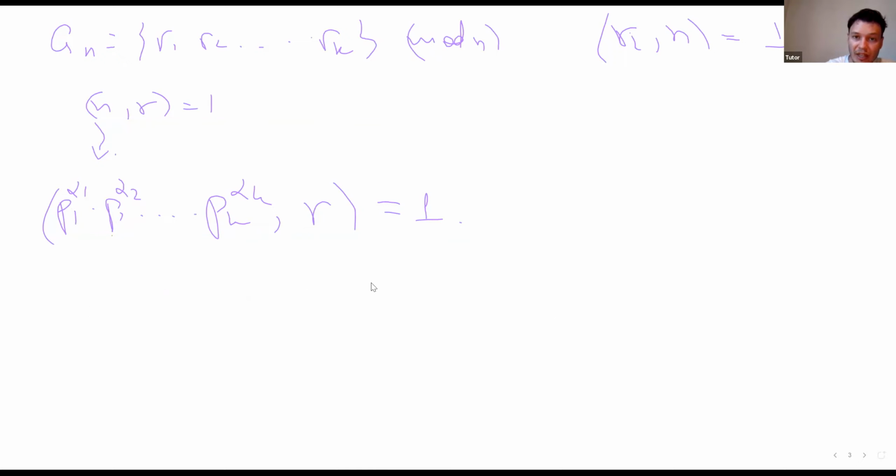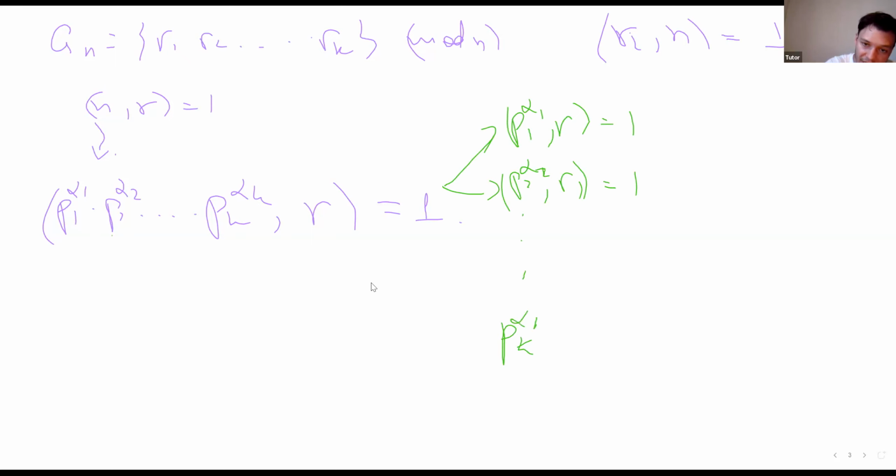So you need p1 to the alpha 1 and r to be good, p2 to the alpha 2 and r to be good, and then you keep going all the way until pk to the alpha k and r, they also need to be good. But what does it mean for p1 to the alpha 1? Well, the power doesn't matter. If p is relatively prime to r, p to any power is also relatively prime to r.